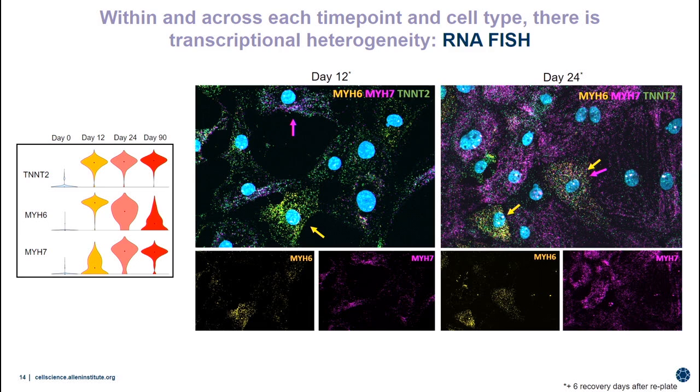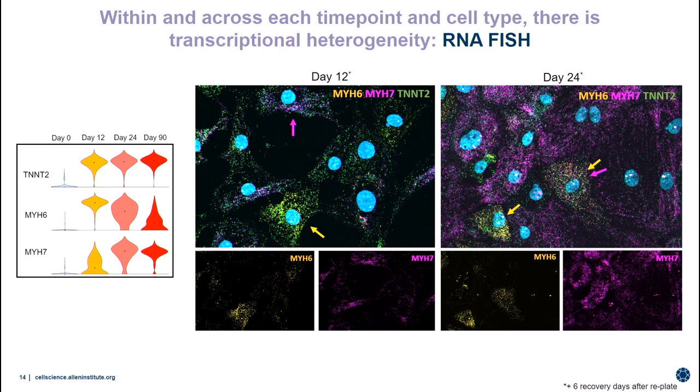If you look at a later time point, as expected, there's a broad shift in expression of this later gene. But what we're really interested in is that there are cells within here that have a joint expression of these two genes.